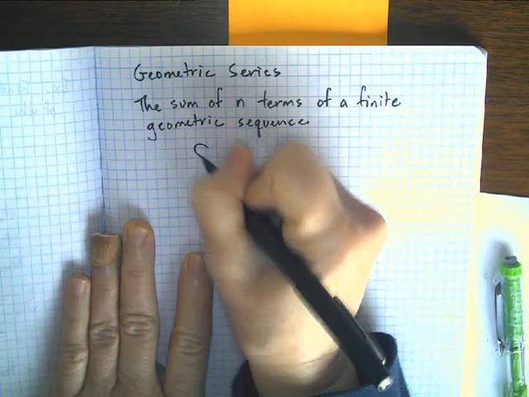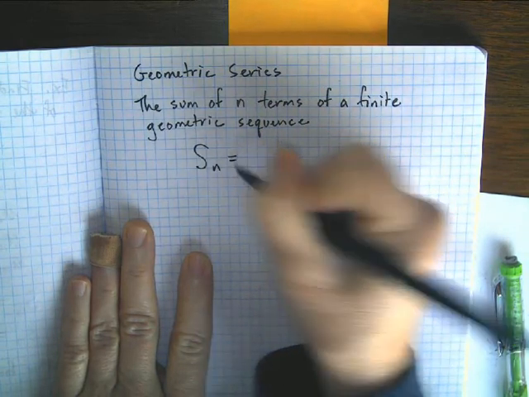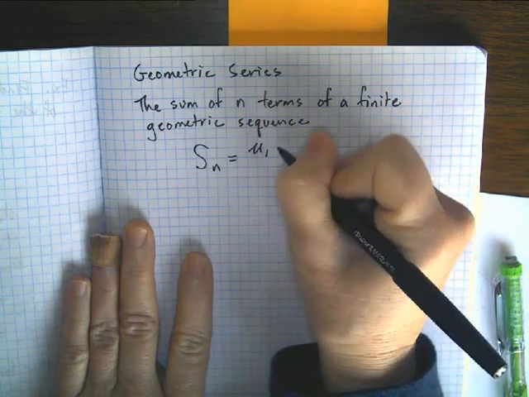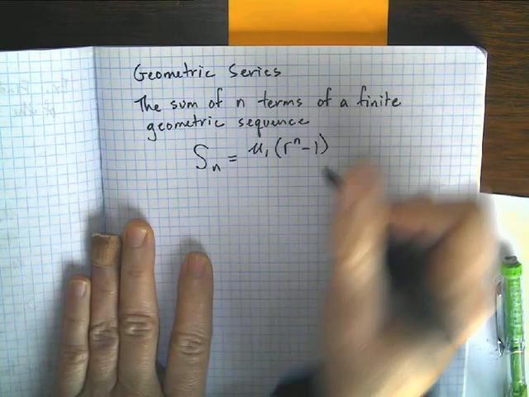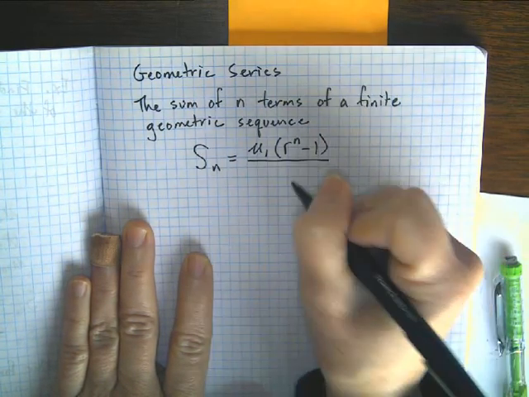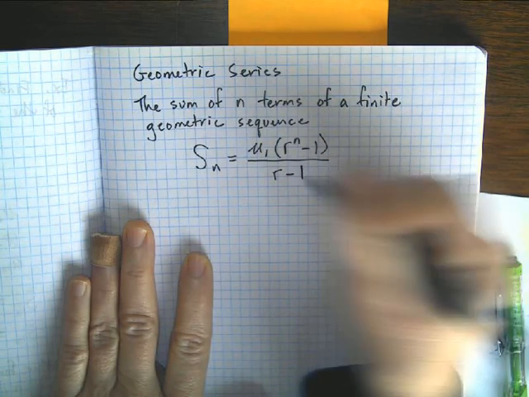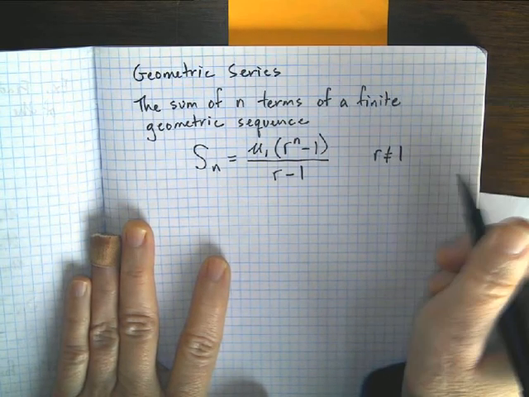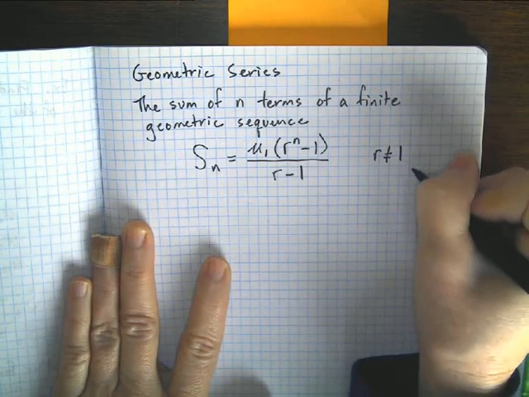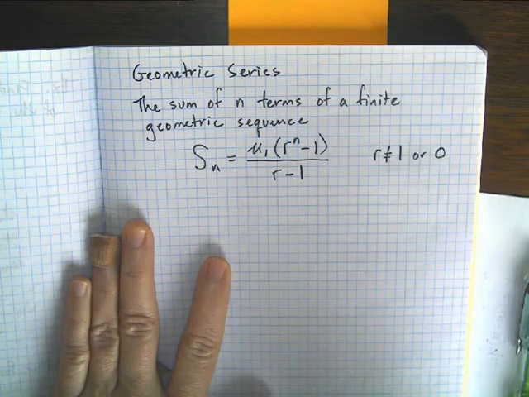S sub n is equal to u sub 1 times r to the nth minus 1, divided by r minus 1. And r cannot be equal to 1, and it also can't be equal to 0. Okay, can't be 1 or 0.